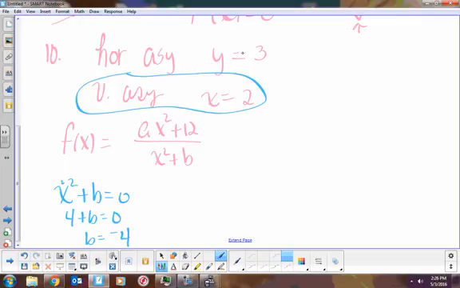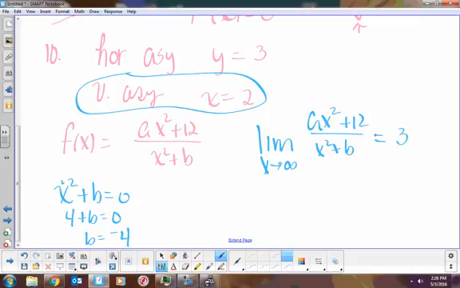So now how do you find a horizontal asymptote? There's a shortcut, and then there's the calculus way. We really need to know the calculus way in case they test that later on. You won't be able to use a shortcut. Limit to infinity. So if I do the limit of (ax squared plus 12) over (x squared plus b) as x approaches infinity, this is supposed to be 3.